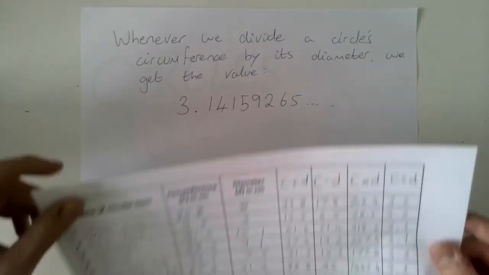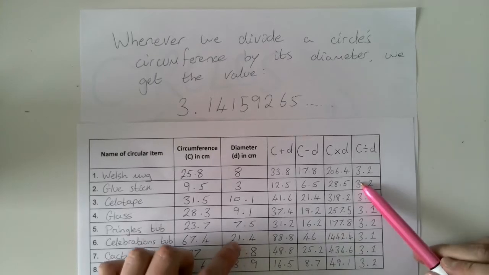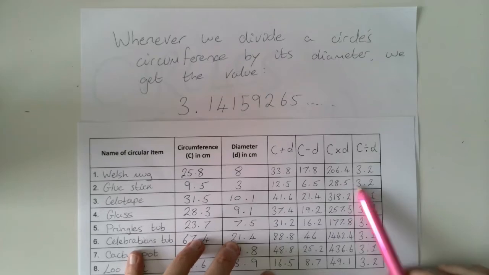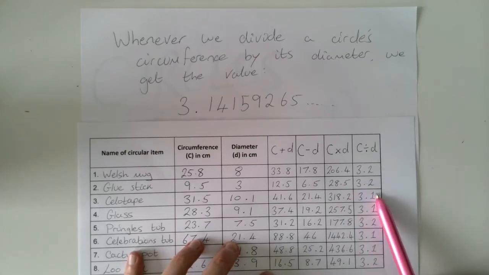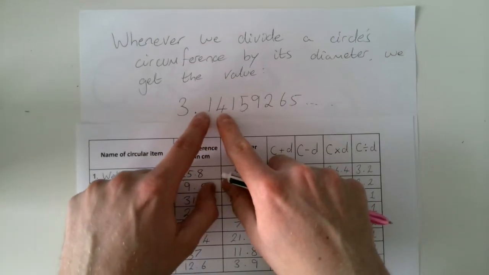Now in our tables we were very close to 3.14159. When I rounded in my table, I was around 3.1 or 3.2, which is either side of this number.